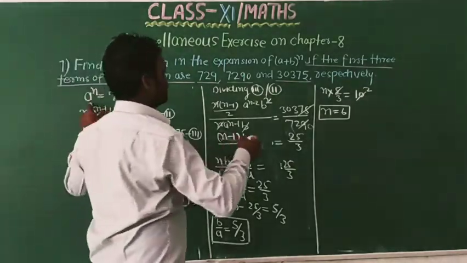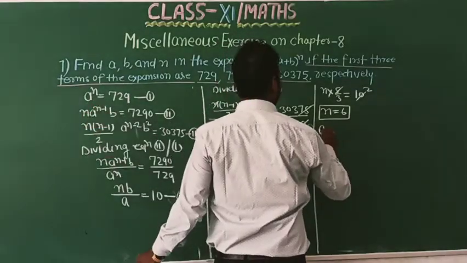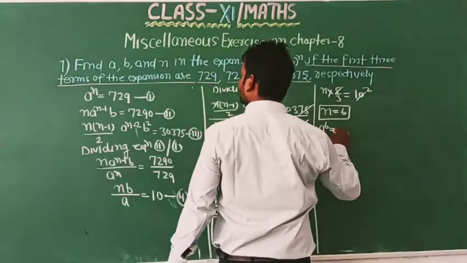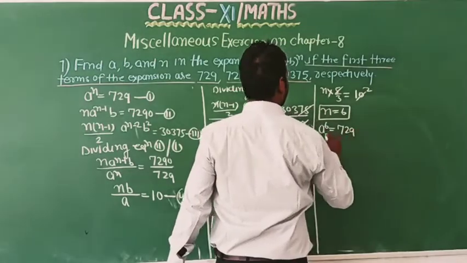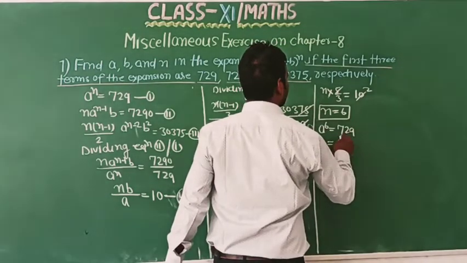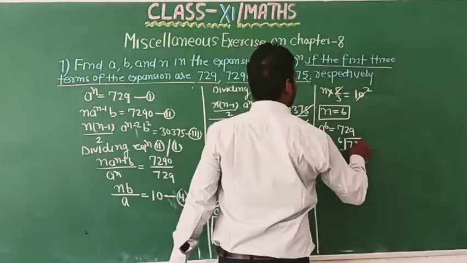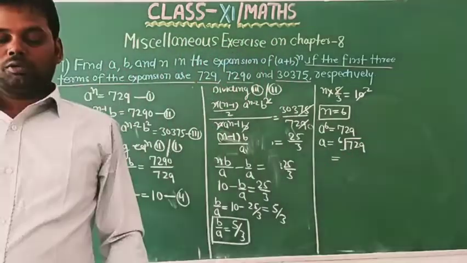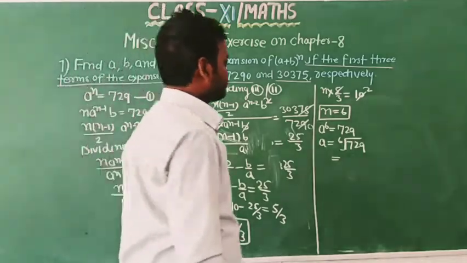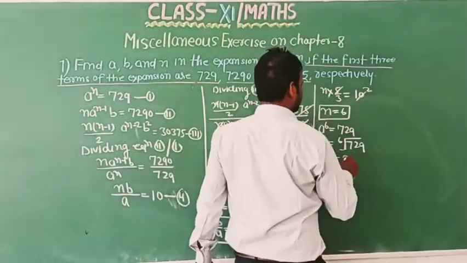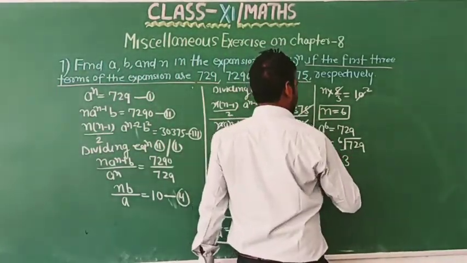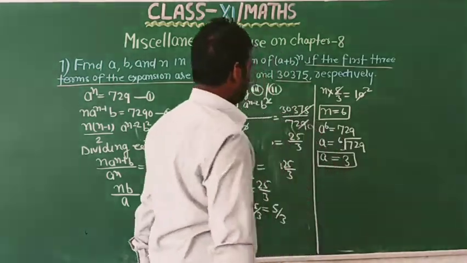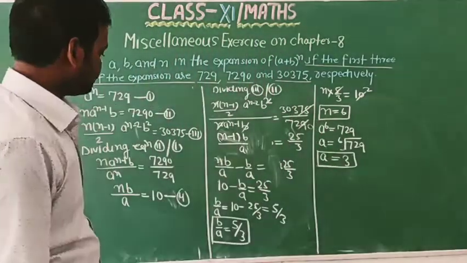So a to the power 6 equal to 729. Then a equal to the 6th root of 729, which is equal to 3. Therefore, the value of a equal to 3.